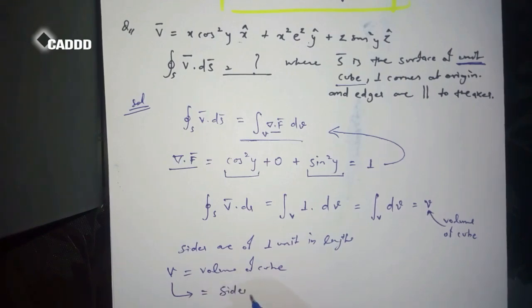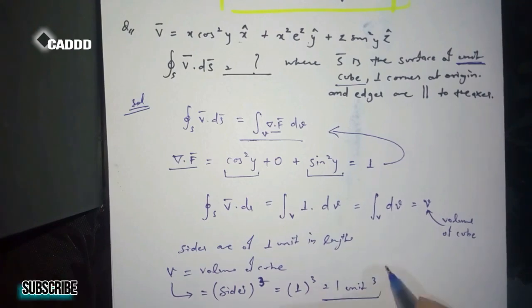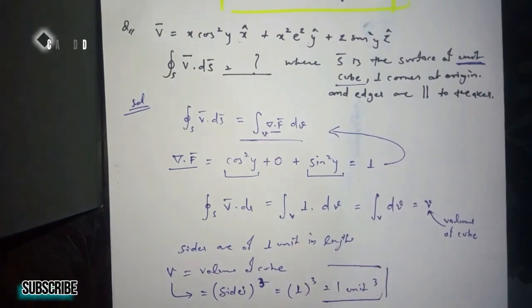Side cubed. Volume of a cube is side into side into side, so that's side cubed. So 1 cubed is equal to 1 unit cubed. So this is the solution for this question.